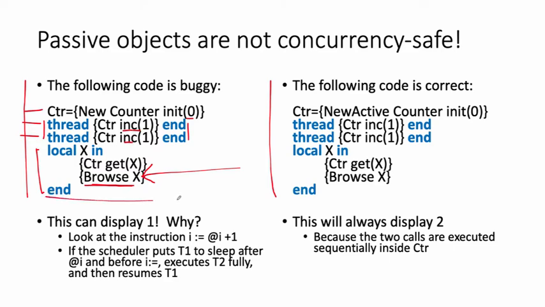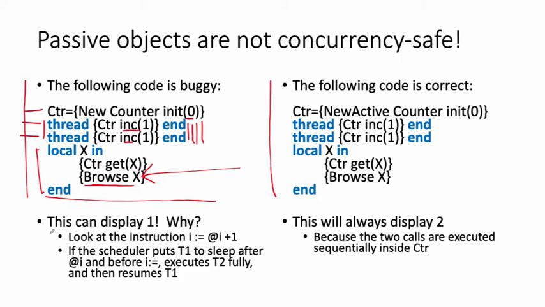But the left-hand code has a bug. The value can also be 1 even after both threads are finished, which is weird. I'm incrementing in the threads, 1 and 1 should be 2, right? Well, because of the interleaving of the scheduler, if the scheduler makes a bad choice, the result will be 1.